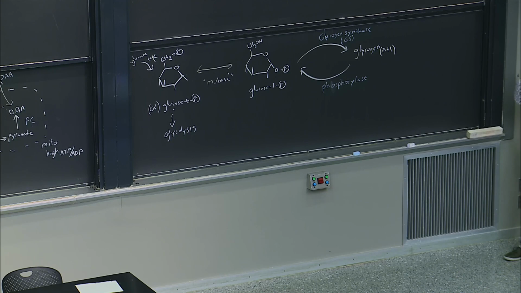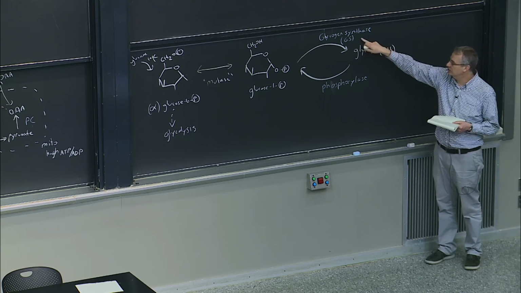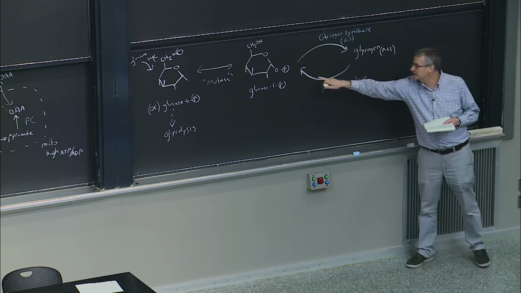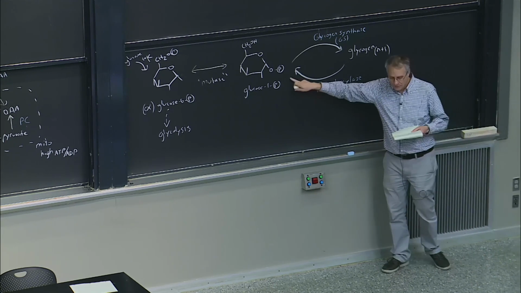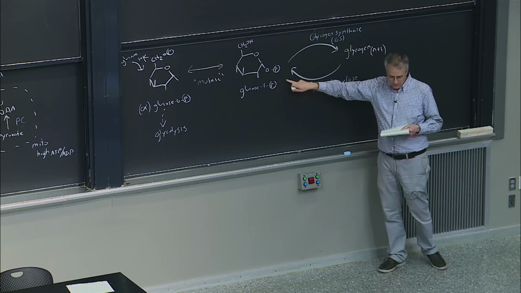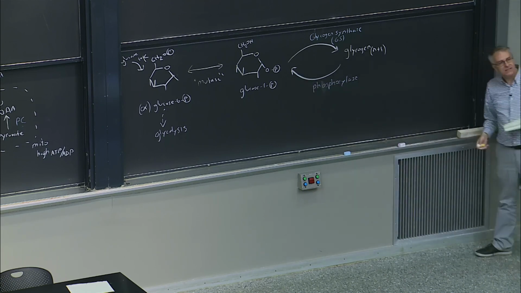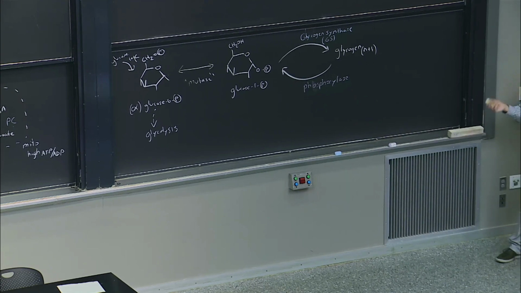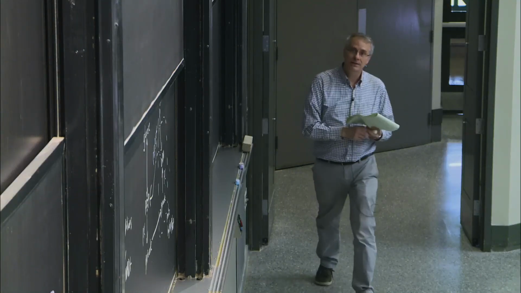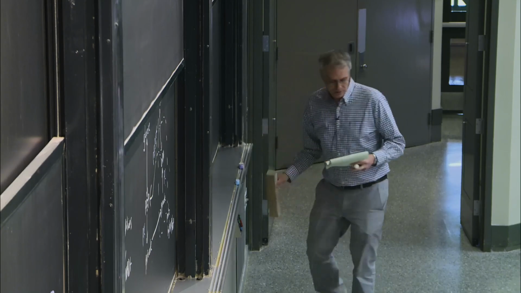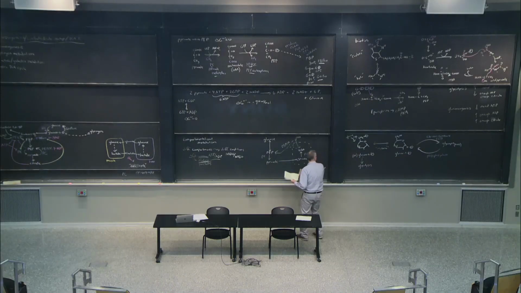Now, the activity of these enzymes, glycogen synthase and phosphorylase, that is the pathway to add glucose 1-phosphate, glucose monomer, to the polymer versus remove it from the polymer, is under hormonal signaling control in animals. And basically, that hormonal signaling works as follows.